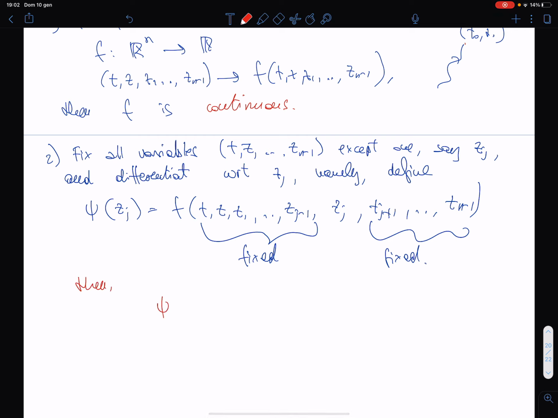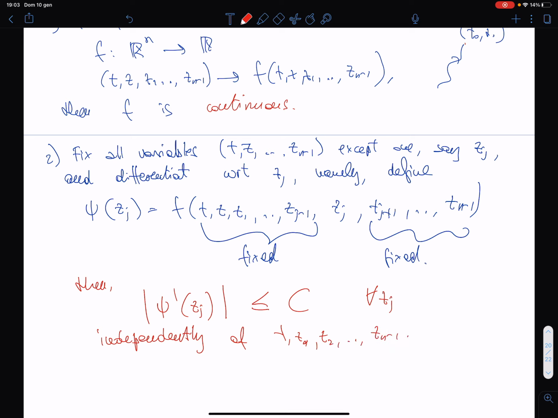psi prime in zj is bounded by C for every value of zj and independently of t, z1, z2, up to z n minus 1.